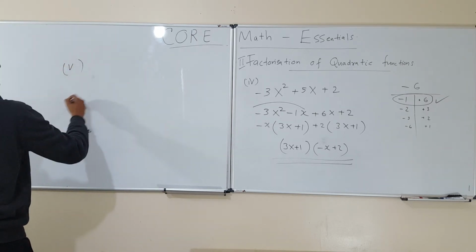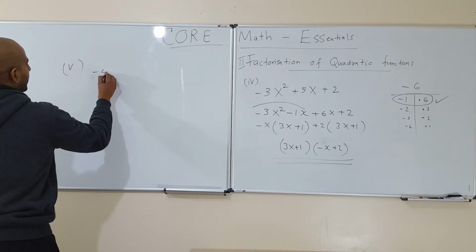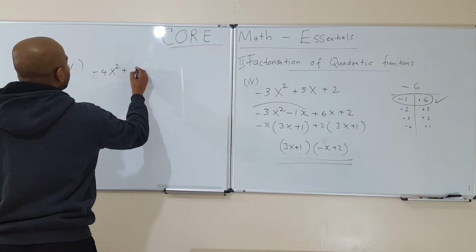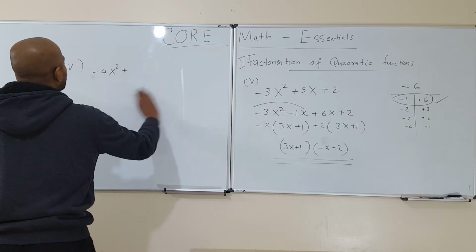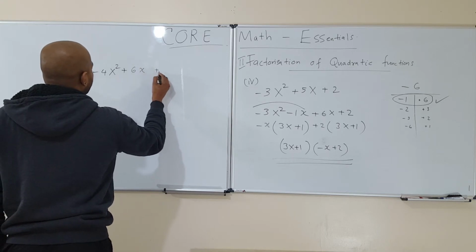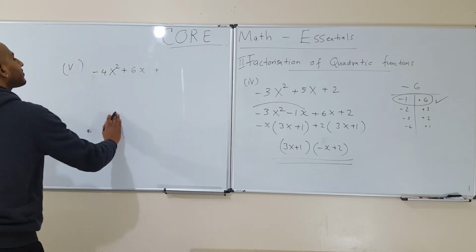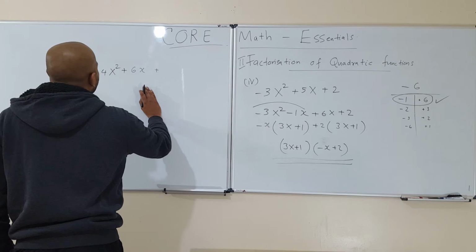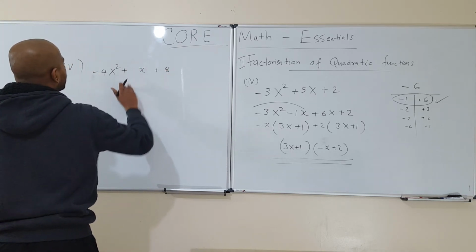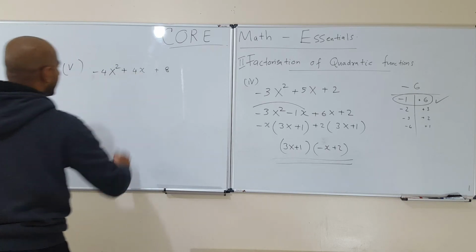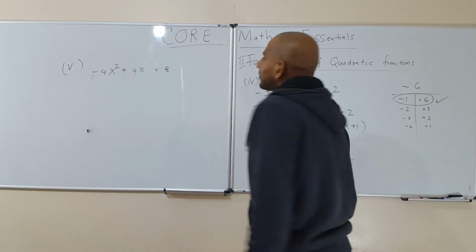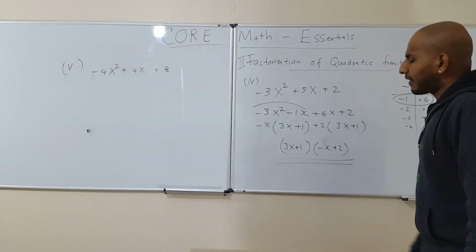Okay. Say we have something like minus 4x squared plus 6x plus 10. Say we got 8 and 4x. Okay, this is the question. We try to factorize it.